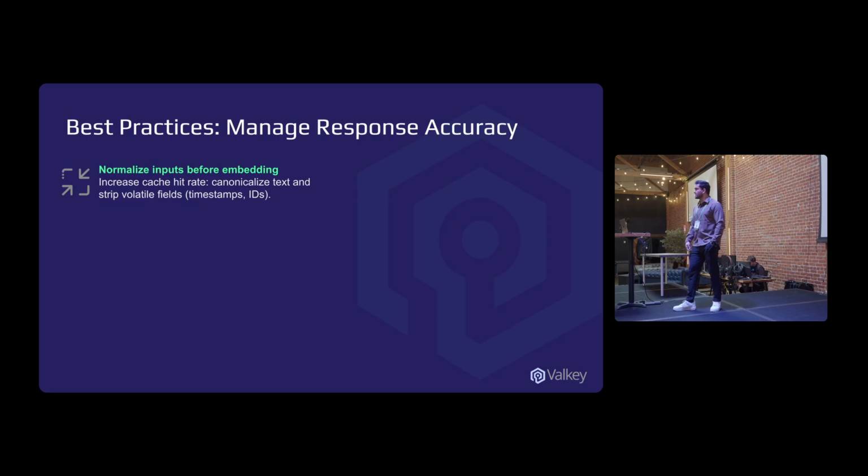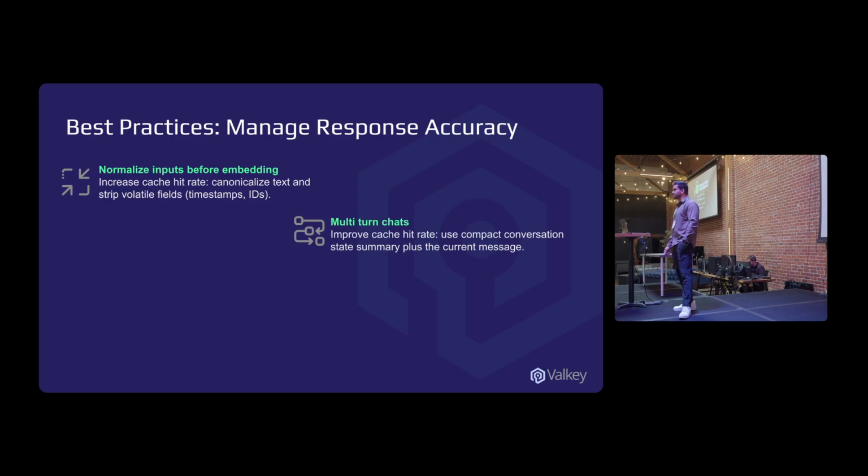To ensure that you have a high enough vector match rate, it's suggested that you strip these fields and then use only the user query to index your response.